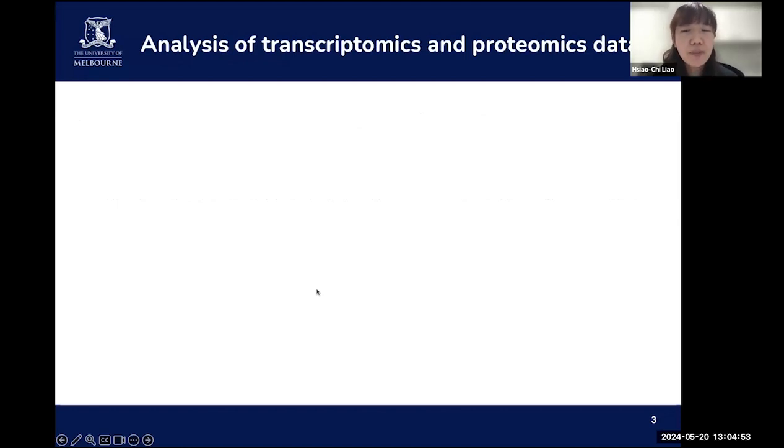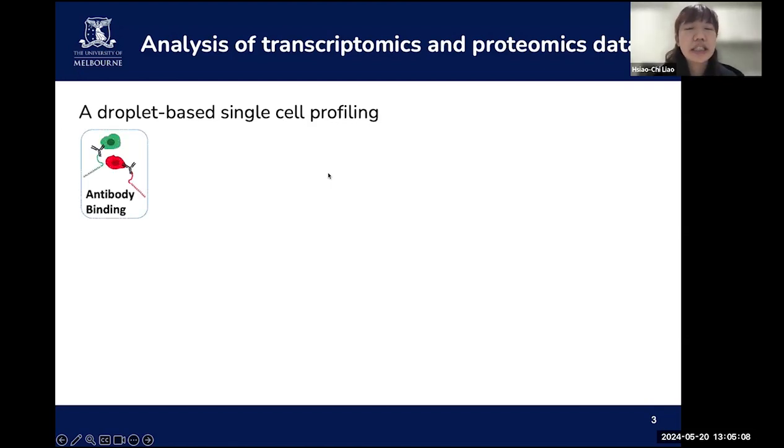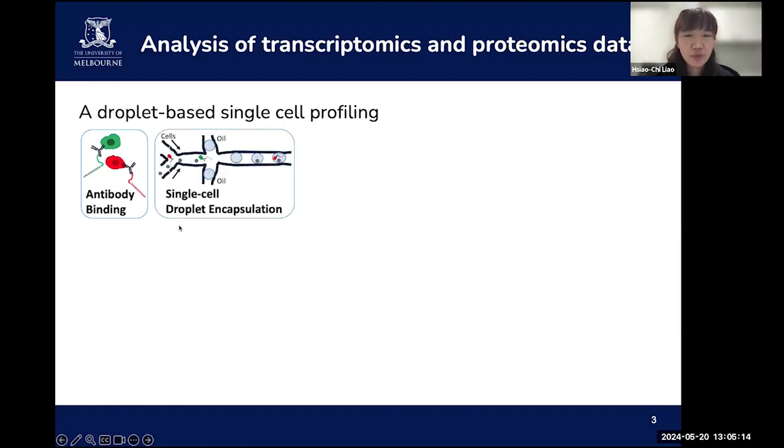So there are many platforms for profiling single-cell transcriptomics and proteomics. One of the most commonly used assay methods is droplet-based. Basically, the experiment starts by binding antibodies to the cells, and the cells then travel through the pipe together with some microbeads, and they are encapsulated with oil drops.